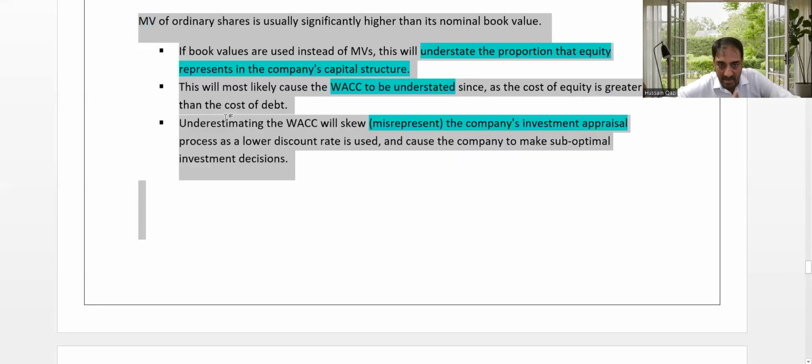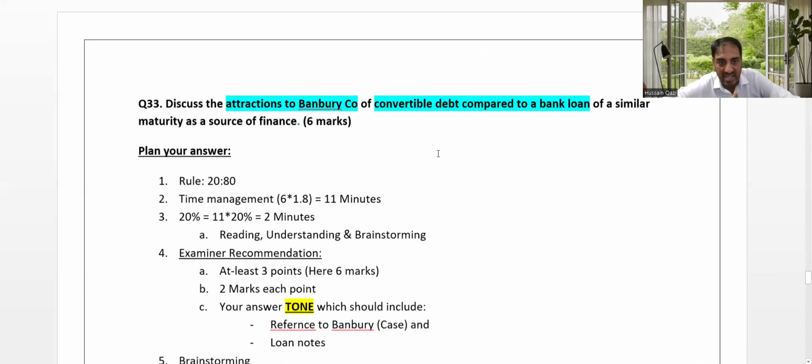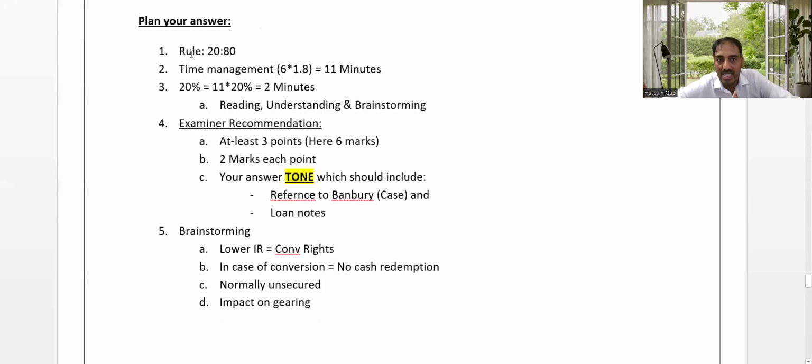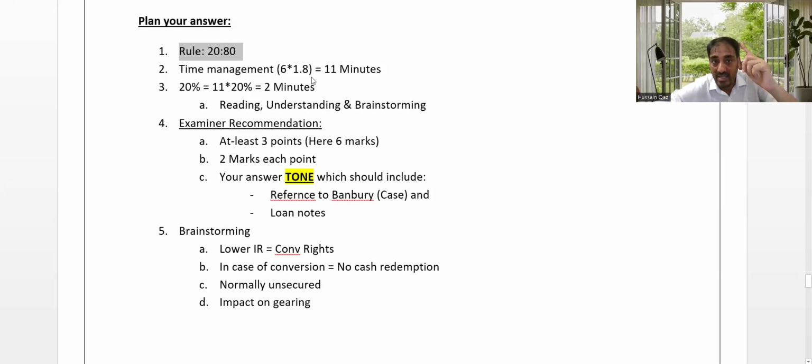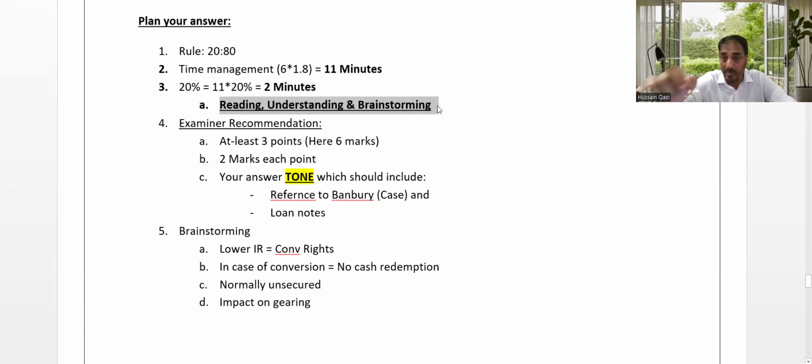So now I am discussing the point in this manner. Rule number one, 20/80 time management. If it's a 6 marks question, you have 11 minutes. 20%, that's 2 minutes you need to invest for reading, understanding, and brainstorming. Do practice in this manner.